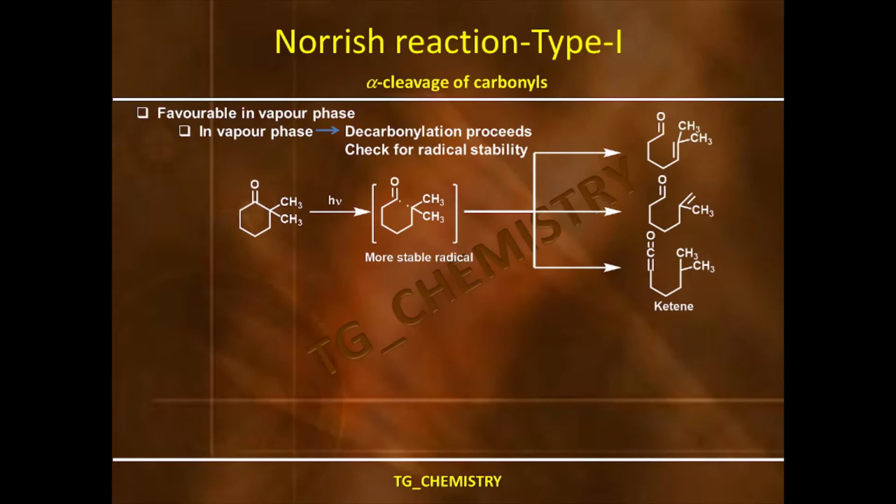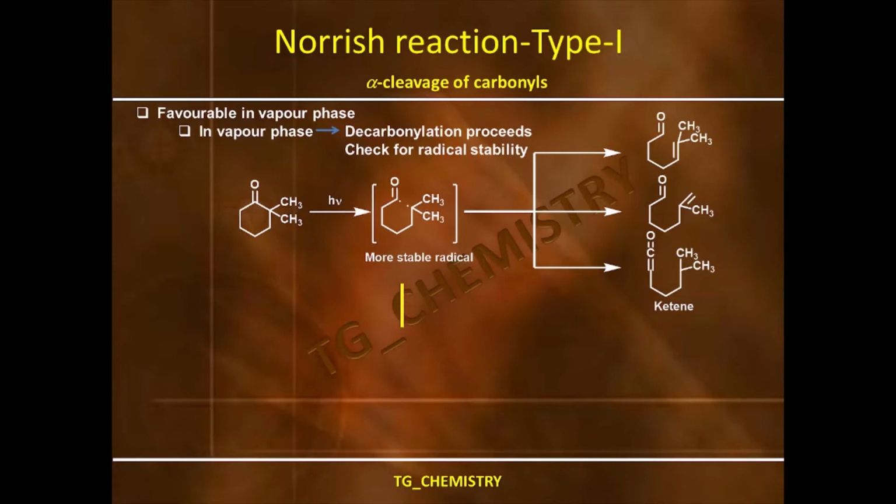The other two products result from abstraction of hydrogen atoms from the methyl groups or adjacent carbon atoms. So the olefin and the carbonyl compound is the product where the terminal aldehyde group is found in the product structure. So this is a common set of reactions for the Norrish type 1 reaction.